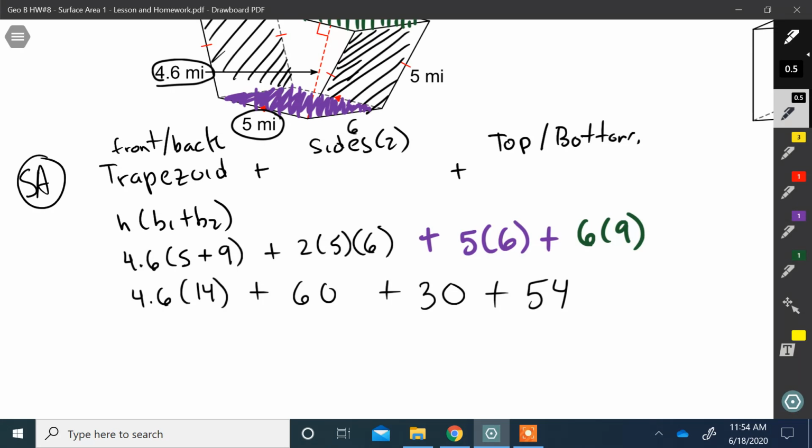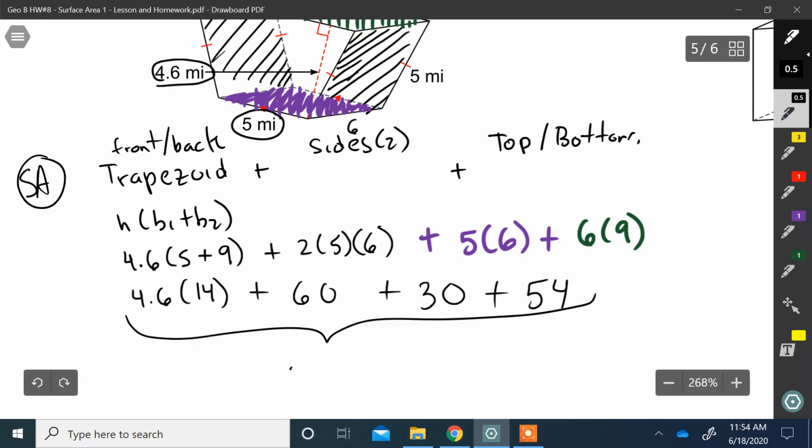So we got 4 times 6 times 14 is 64.4, plus 60, plus 30, plus 54. I really hope I got this right. And yes, I did. Okay, very good. So when I add all that together, I get 208.4.